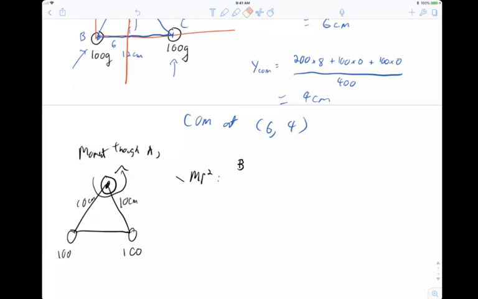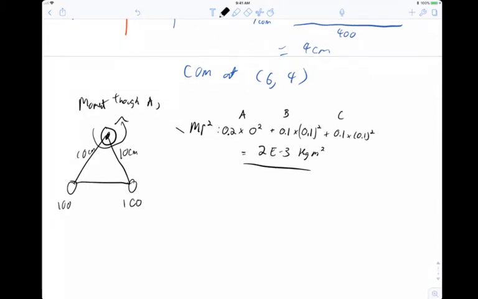Let's do it alphabetically. Term A, its mass is 200, so it's 0.2 kilograms, times the distance from the middle, 0, squared. And for term B, its mass is 100 grams, and the distance is 0.1 meters squared. And C, 0.1 times 0.1 all squared. So it's 2e minus 3 kilogram meters squared.